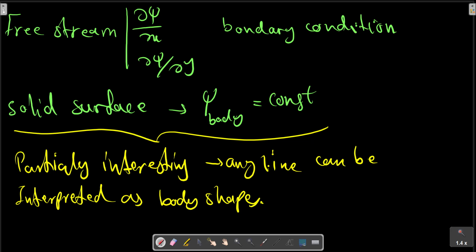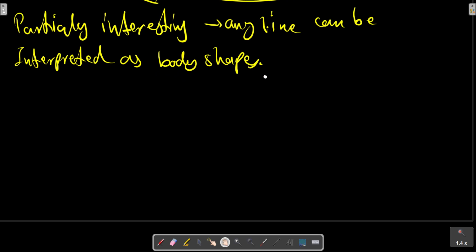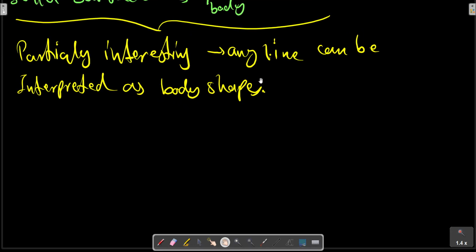Both sets of lines are Laplacian. This picture shows us an example for velocity potential and streamlines in a flow where at each point the phi and psi lines are perpendicular to each other.